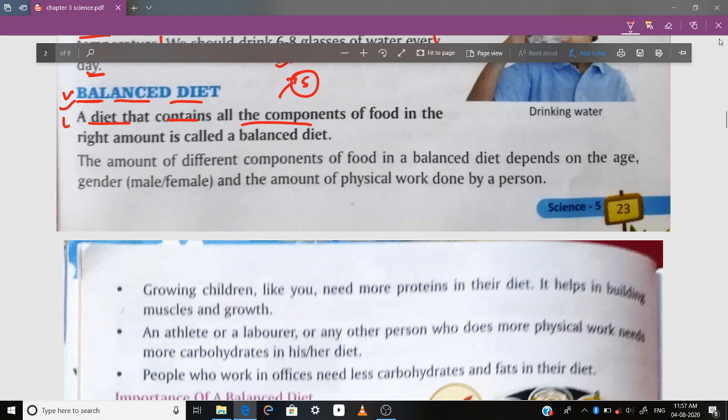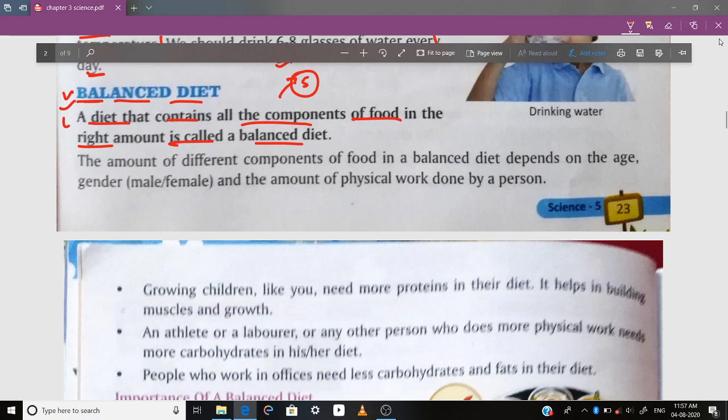So a diet that contains all the components of food in the right amount is called a balanced diet. It is a diet in which all the components are present in the right amount, neither in a less amount nor in a very huge amount. They should be in proper and right amount. That kind of diet will be called a balanced diet.